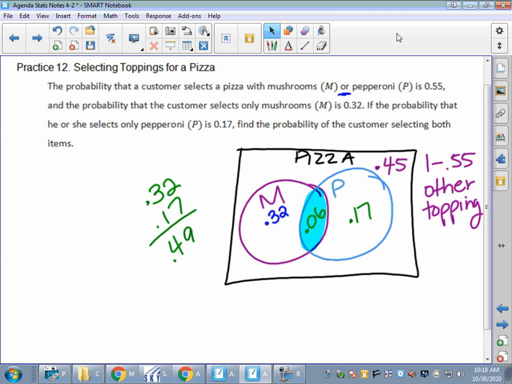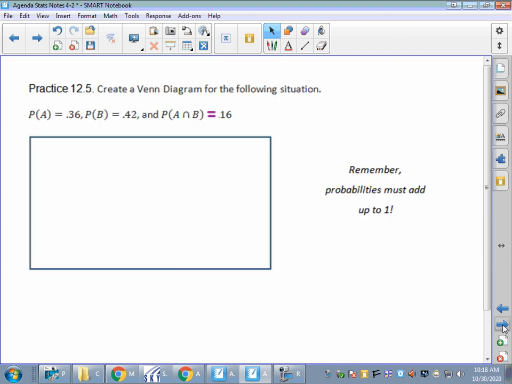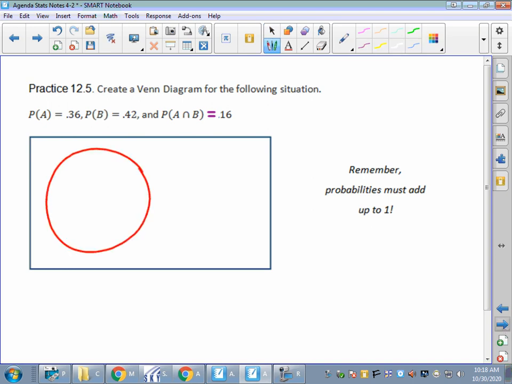All right, do you want to do this last one, or maybe I should have you do this last one, create a Venn diagram. The probability of A is 0.36. The probability of B is 0.42. And the probability of A and B, so this is the overlap, is 0.16.